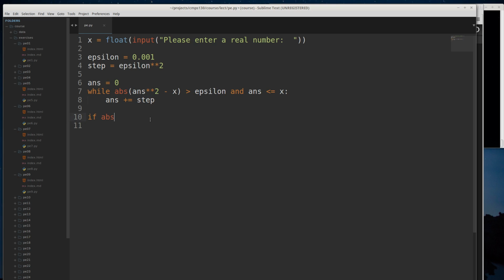So if the absolute value of answer squared minus x is less than or equal to epsilon, then print square root of x is answer. Otherwise, I didn't stop because of this, I stopped because of that, meaning I was not able to find it with an exhaustive enumeration.